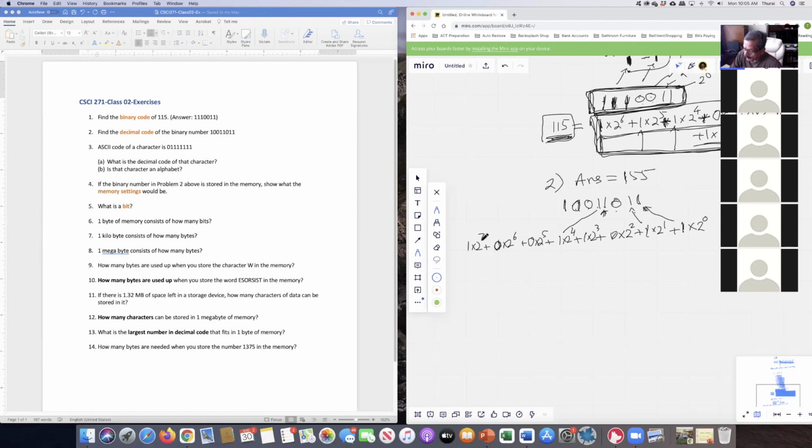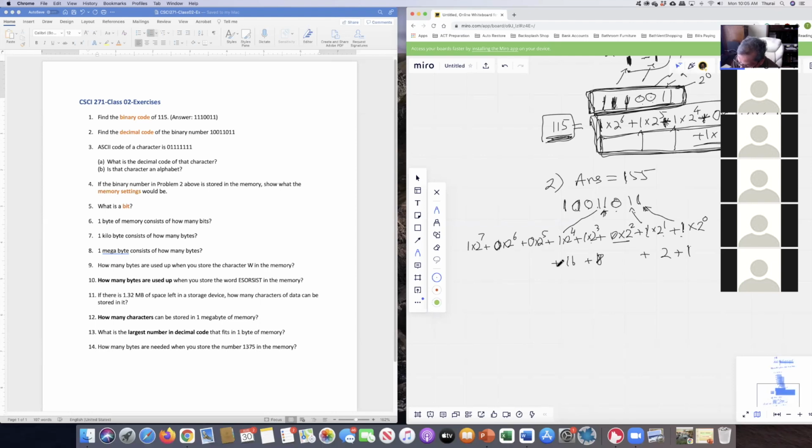Now I have to simplify. So here I have 1 times 2 to the 0, that's a 1. And 1 times 2 to the 1 is a 2. That's a 0. And then I have 1 times 2 to the 3, that's 8. Plus, this is 16. Plus, this is 0. And then 0 times 2 to the 6.